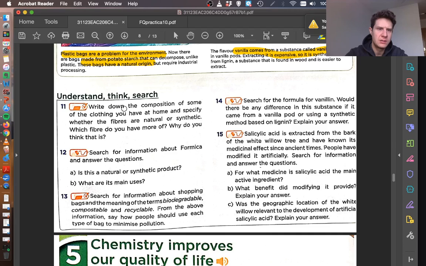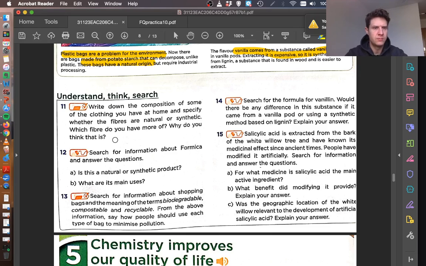Now, write down the composition of some of the clothing you have at home and specify whether the fibers are natural or synthetic. Which fiber do you have more of? What do you think it is?